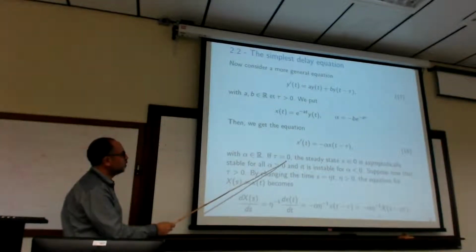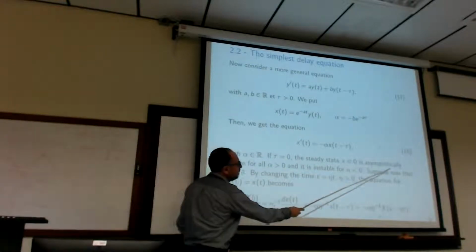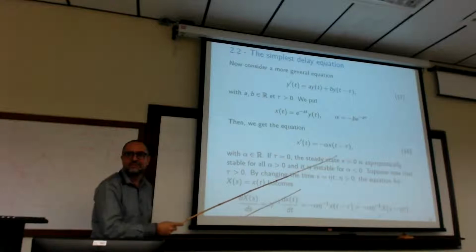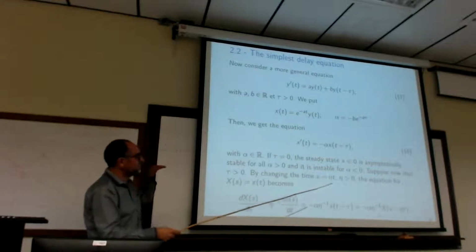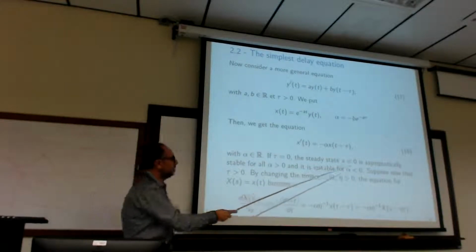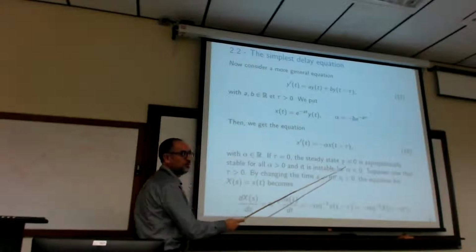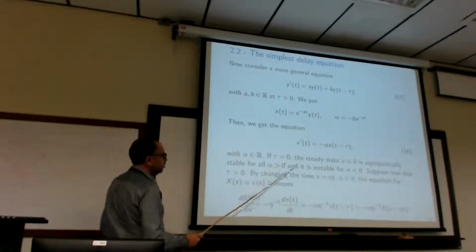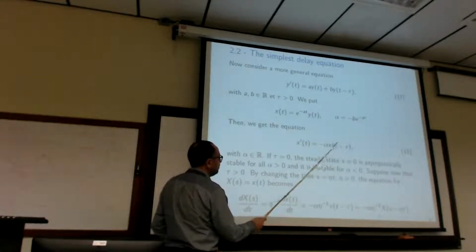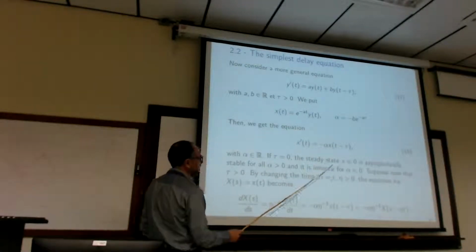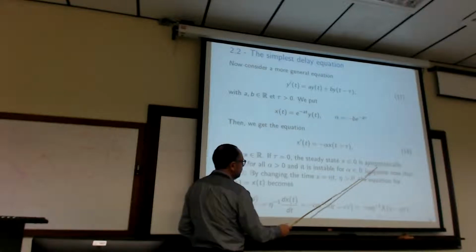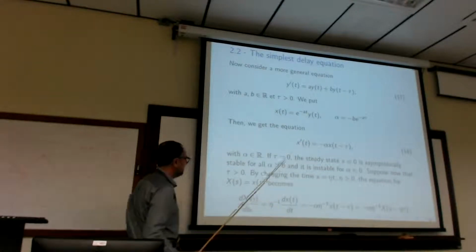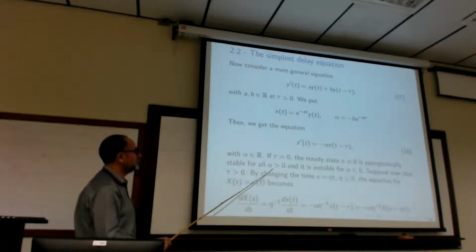If tau equals 0, now I will put this definition, but I will give the exact definition after. Asymptotically stable means that all the solutions will go to 0. If tau equals 0, we have an ordinary differential equation, and we know that 0 is asymptotically stable if alpha is positive.